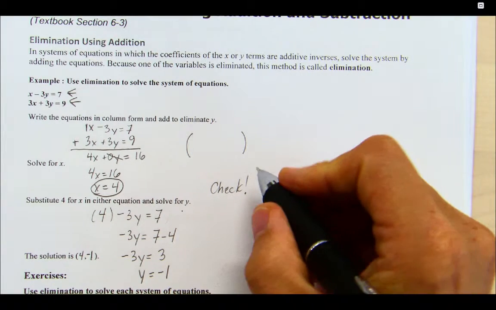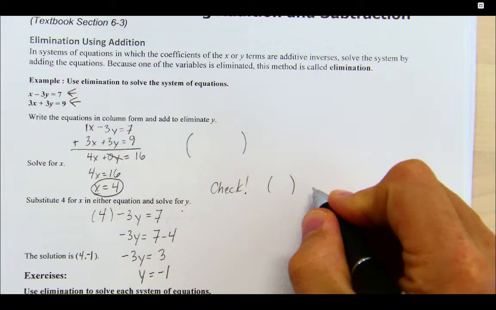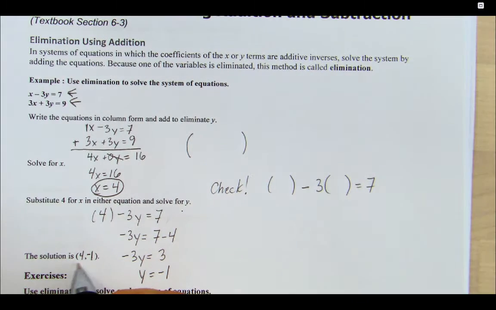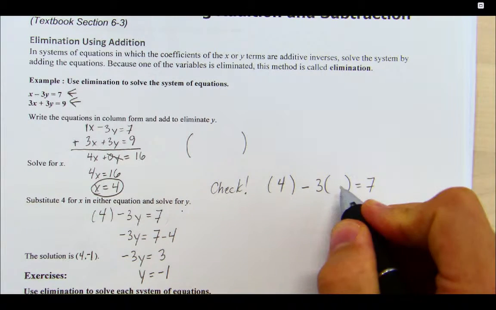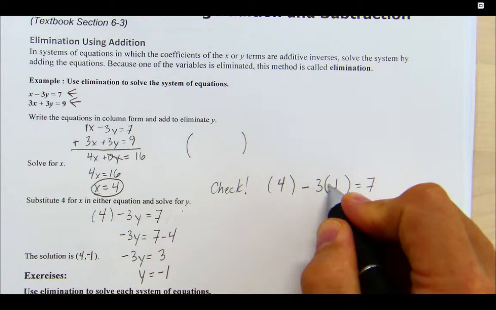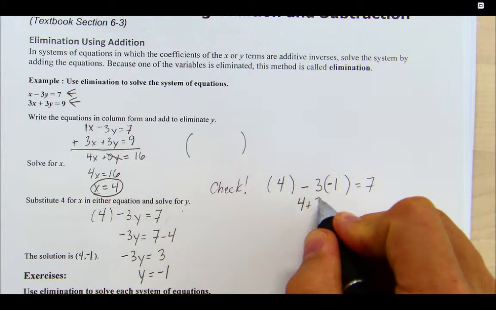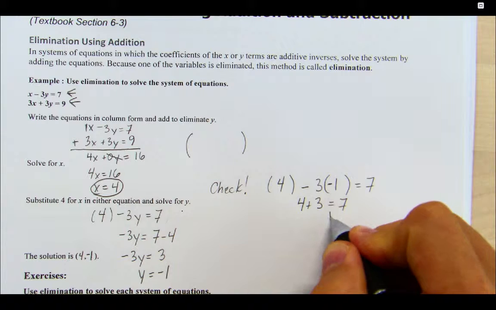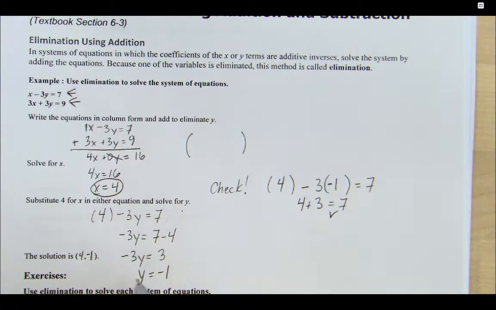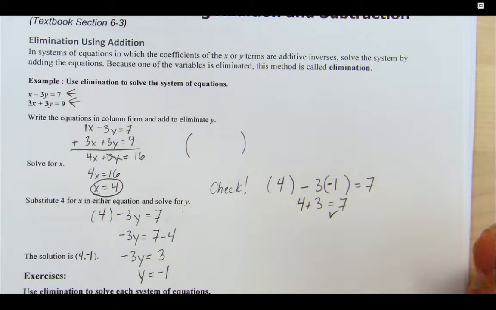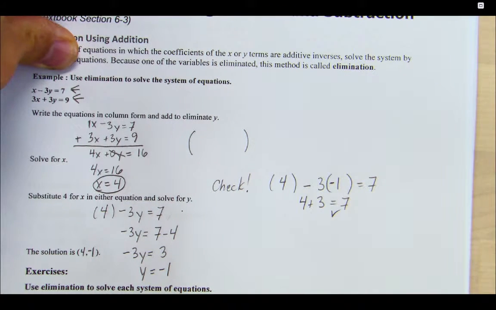I'm going to put something in for x minus 3 and something in for y should equal 7. And I've got them here. So 4 minus 3 times minus 1, two negatives makes a positive, gives me 4 plus 3 is equal to 7. I know that that's true. So I'm pretty confident now that my answers are right. You can go back in and check the other one, but it's just a nice little way to verify your answers.